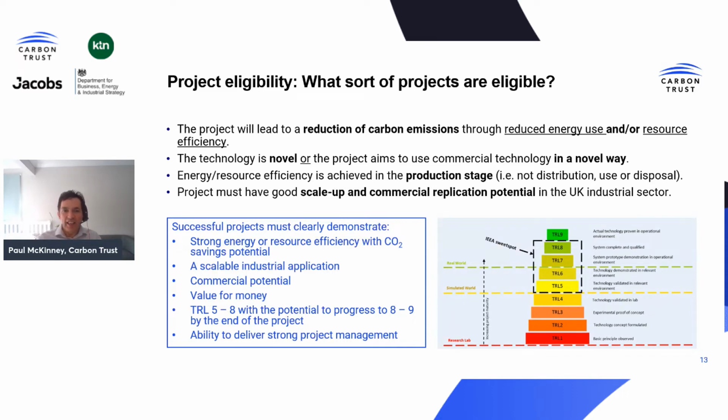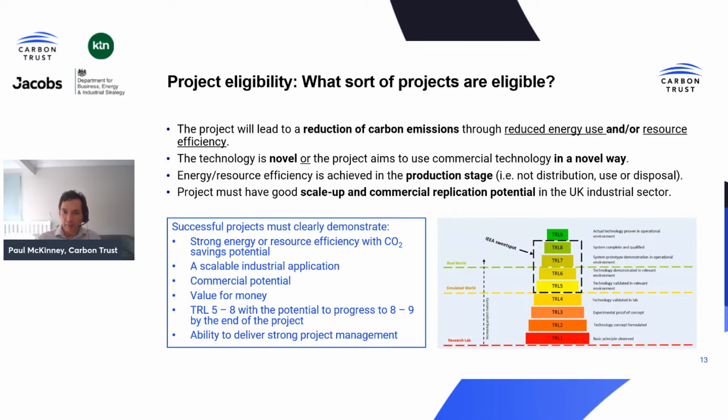And then in terms of the stage of development, and I'm aware from the discussion earlier that there are lots of different schemes and they all tend to target different types of technologies at different stages of development.